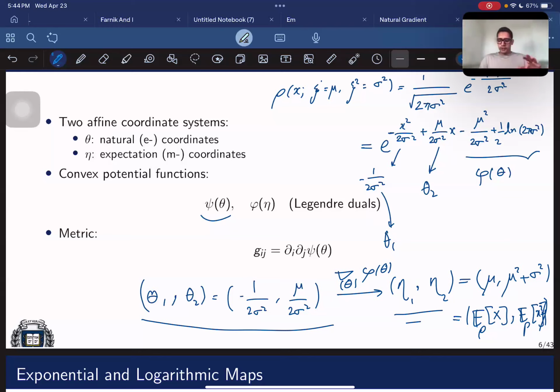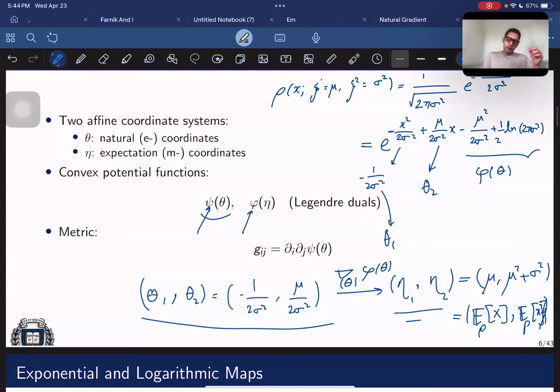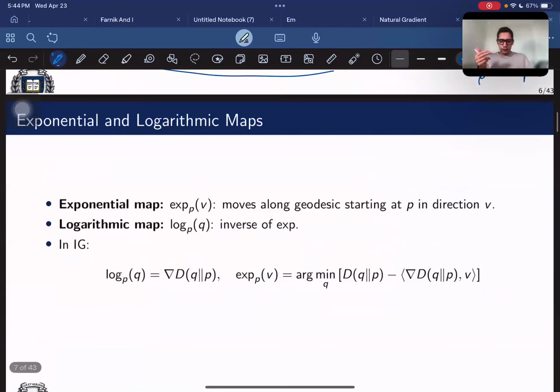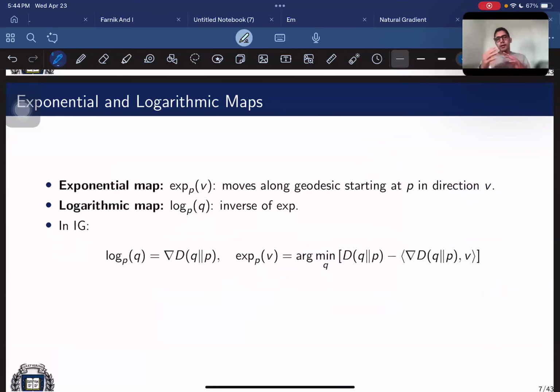And we saw earlier in the first 2 sessions that these two coordinates are dual in the sense that the psi and phi functions, when we write down the two probability distributions, are a Legendre transform of each other. And also we defined divergence between the two with respect to these dual functions.